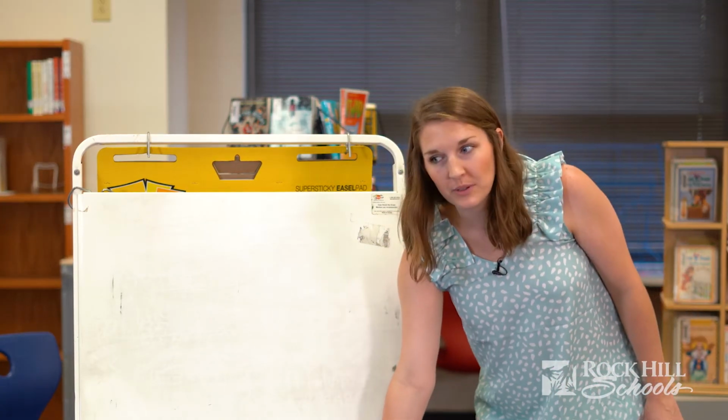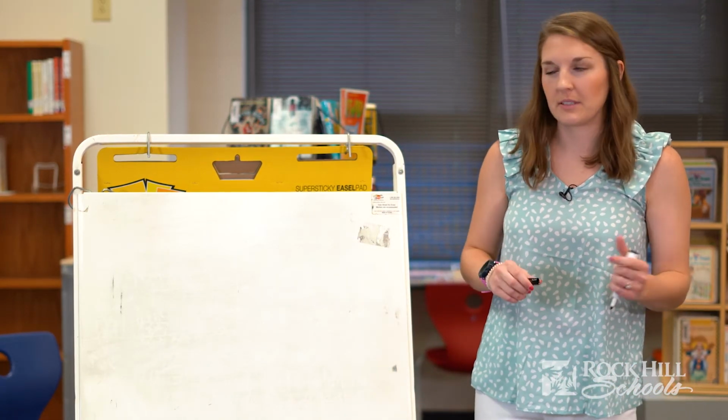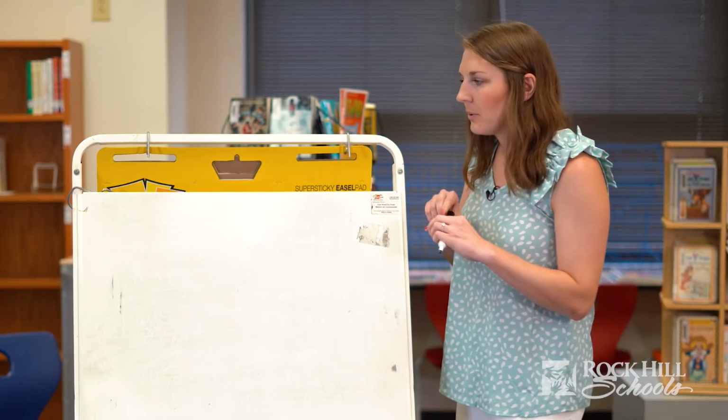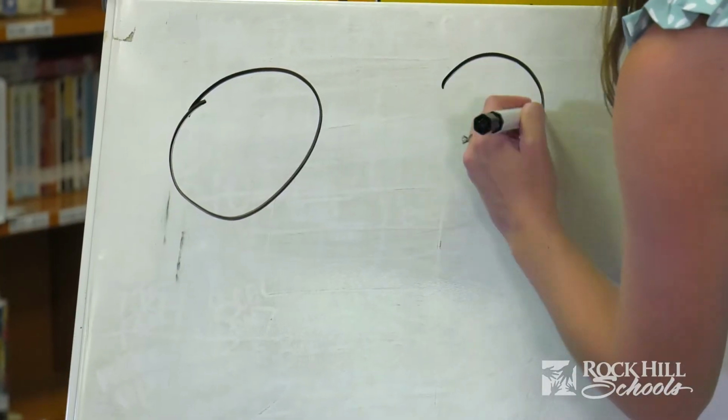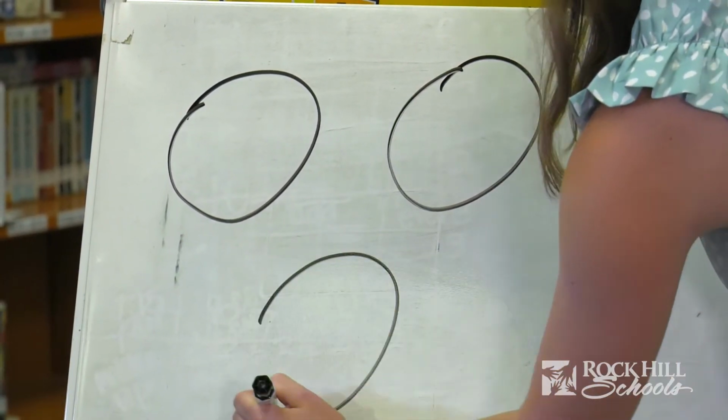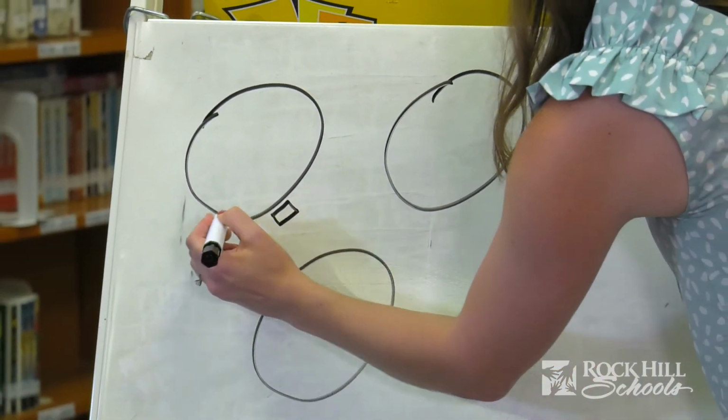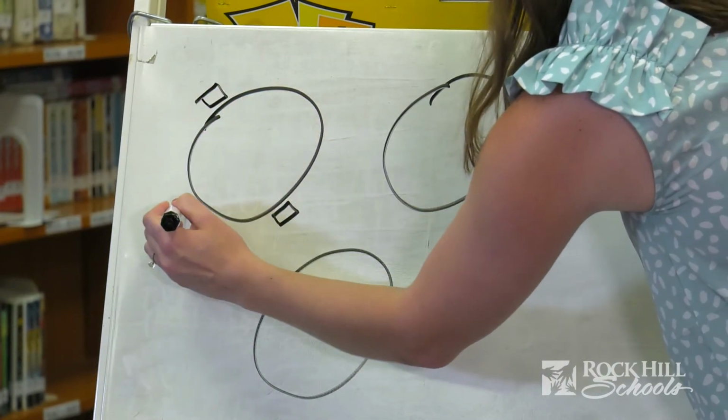All right, so this one was a little bit different than the other ones that we found. So this time we found 3 tables that had 6 chairs at each table. I'm just going to draw a little square to represent the chairs.